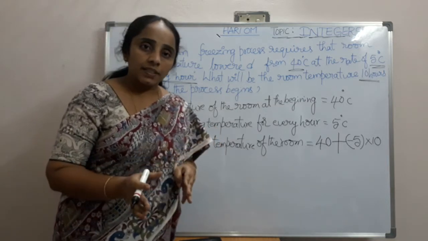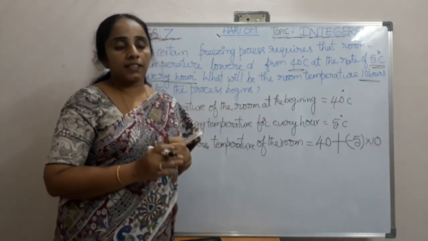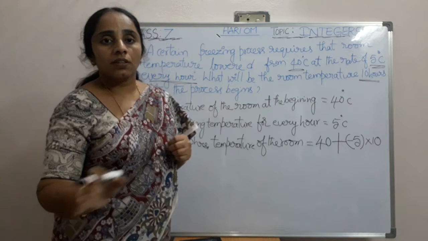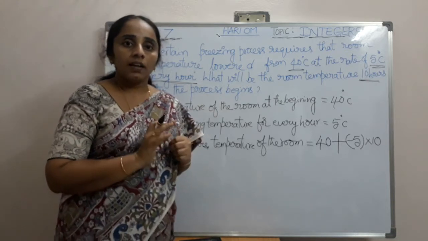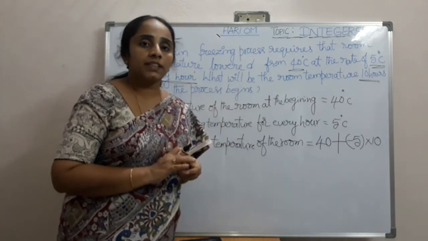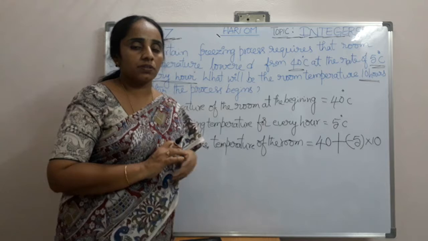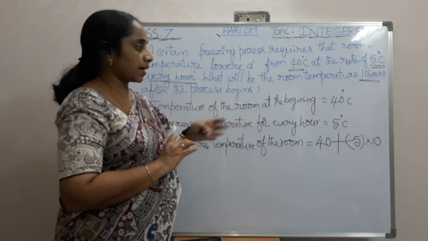In a business, profit means positive, and we will consider a loss as negative. Like that here also, increase in temperature means a positive sign. Here they said decrease in temperature, so it is minus 5.